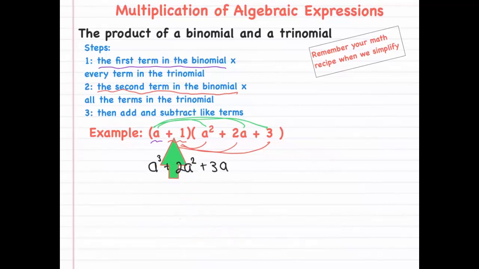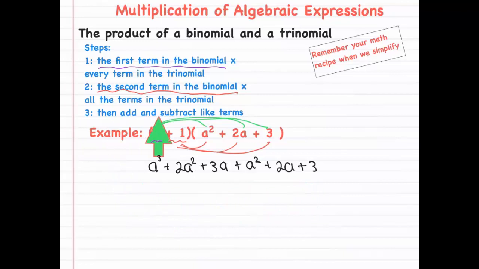Okay, and then next, it's the plus 1 times a to the power of 2, which gives me a plus a to the power of 2. And then plus 1 times 2a will just be plus 2a. And lastly, we have the plus 1 times a plus 3, which will give me a plus 3. Please don't add them. We are multiplying a positive 1 with a positive 3, which gives me a positive 3.